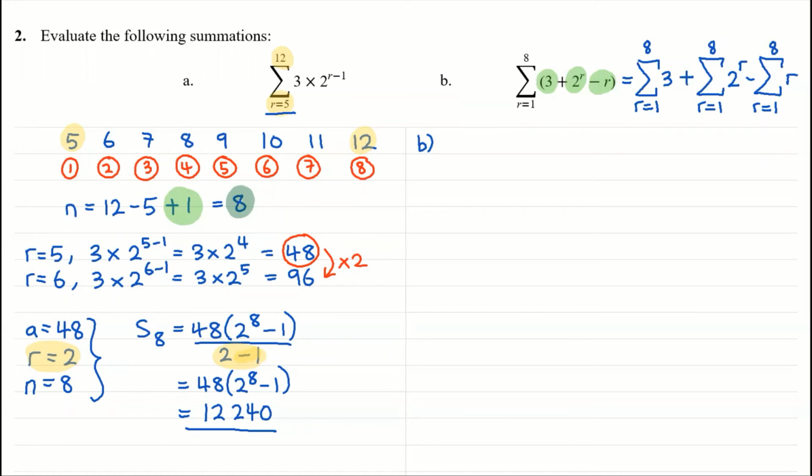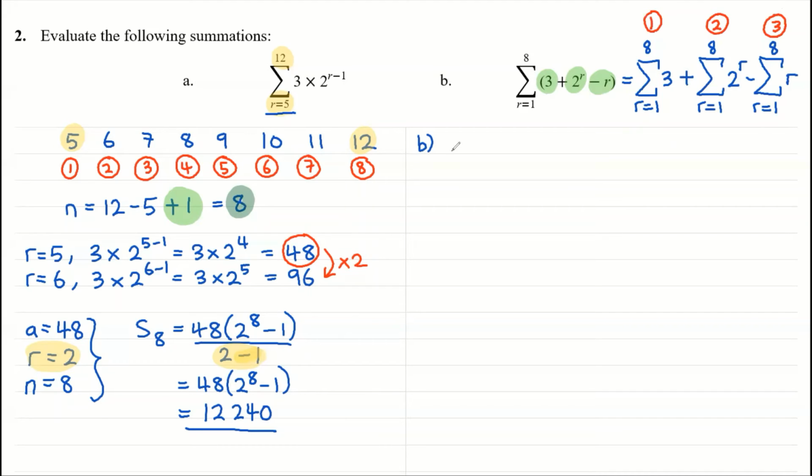So we can deal with these three summations separately, and that's what I'm going to do. I'm going to call this summation 1, this one 2, and this one 3, and then we can compile our answers later. The reason is because they're very different. We have a linear, what we would call an arithmetic series, and we've also got a geometric series built in. But because it's a linear combination of those, we can separate them out into three summations.